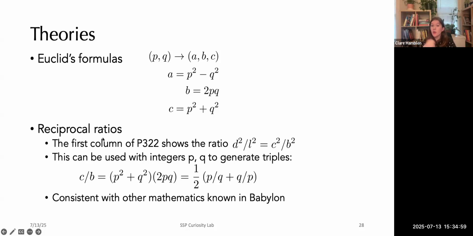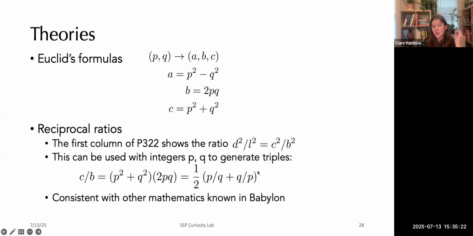The first column, the one that we did not translate, shows the ratio d squared over L squared. In ABC language, that's the hypotenuse squared over one of the legs squared. If you take the square root of that ratio, that corresponds in terms of this formula to the integers p and q that generate this triple.